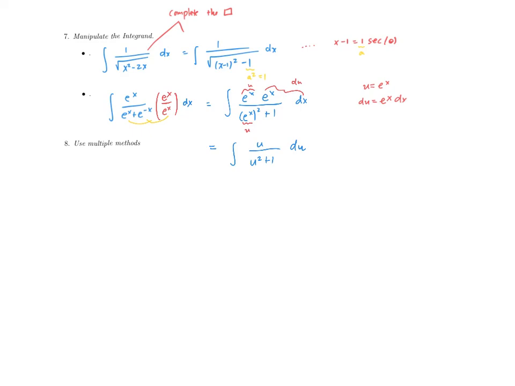And note, to finish this up, you would have to keep going and do another substitution. So in this case, you might say, let w be u squared plus 1. And my reminder at this point is it is extremely reasonable, as we have seen, to have to use multiple methods of integration in the same problem.